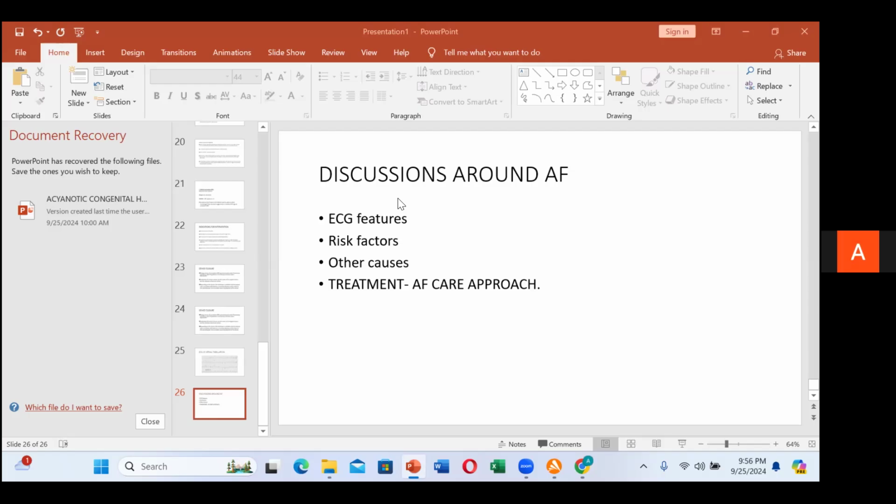Apart from that, it would be good to mention some proteins that are involved when there is arrest in the pathophysiology of ASD or VSD. There is GATA4, and I think NKX2-5. There are about five.